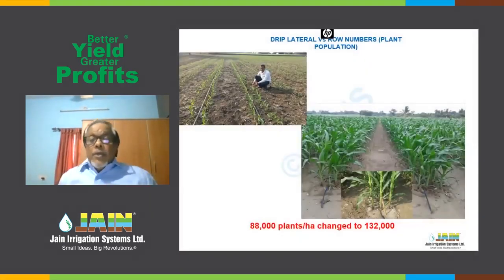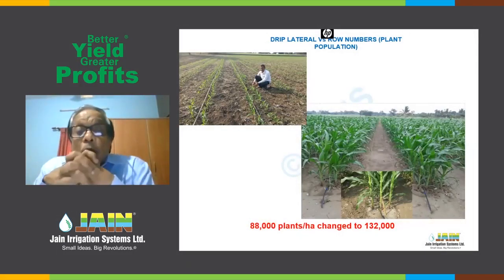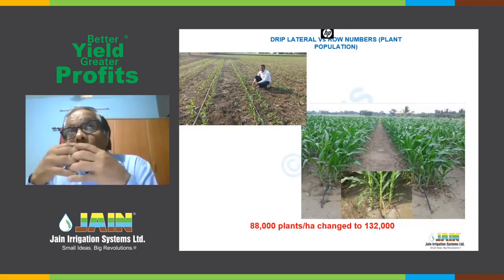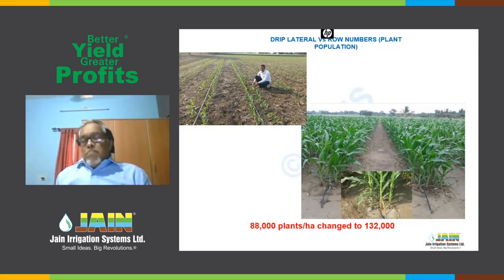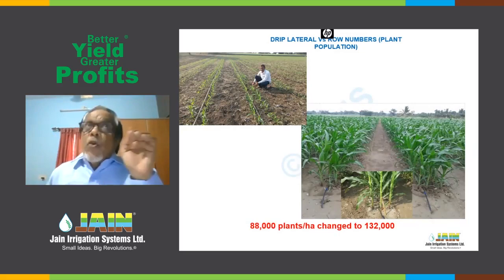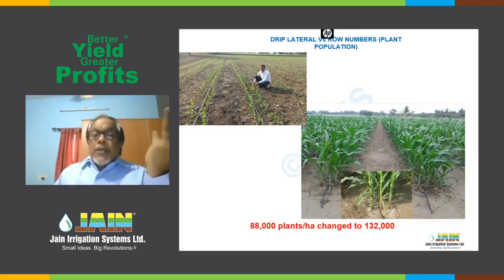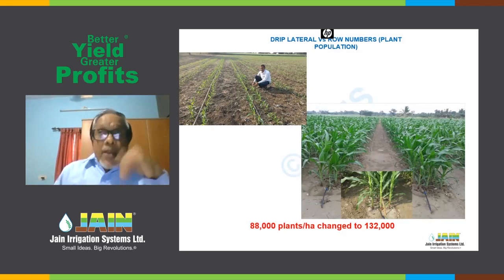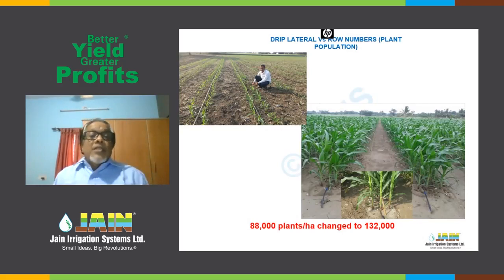Now there is another issue. In certain cases where plant population became lesser than optimum, it's not by virtue of the farmer not knowing the plant population. He is restricted. Now look at the picture on the left hand side, the top picture. There are maize plants. The drip line is at 1.4 meter.